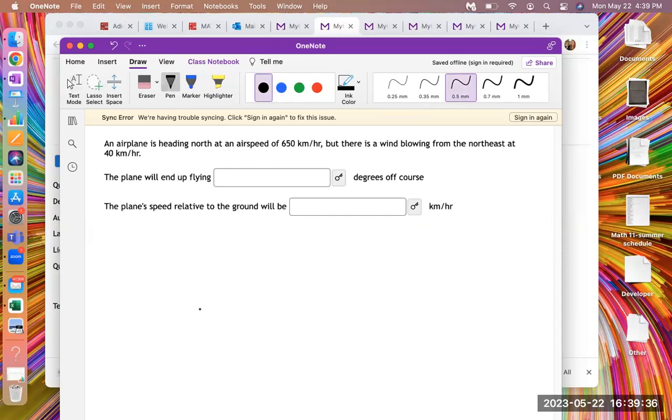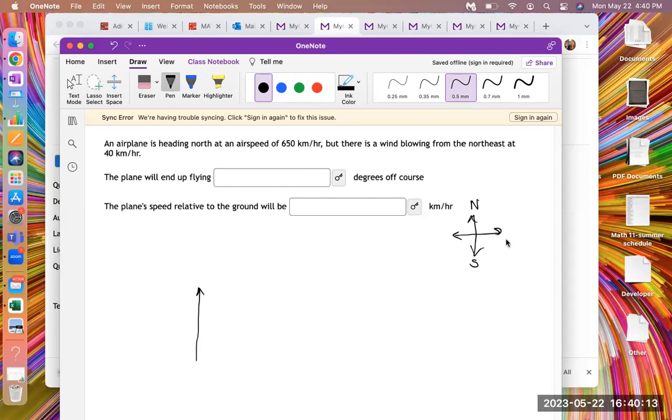And it's important here to get the directions correctly. So an airplane is headed north at an airspeed of 650 kilometers per hour. Let's call this direction north, and let's draw a little label here.